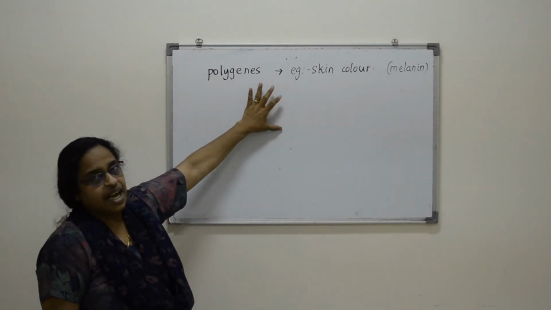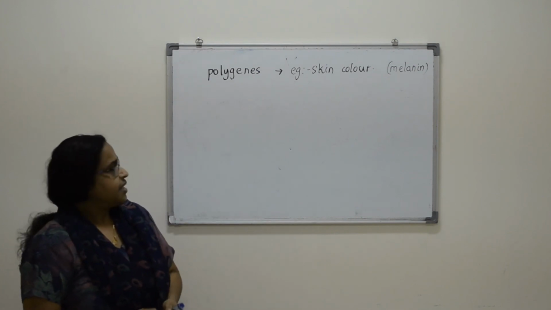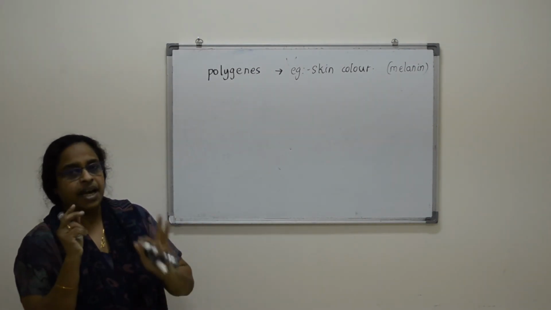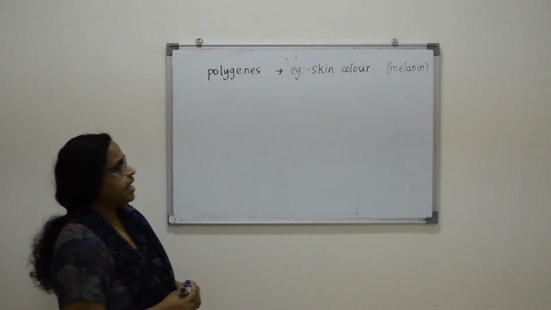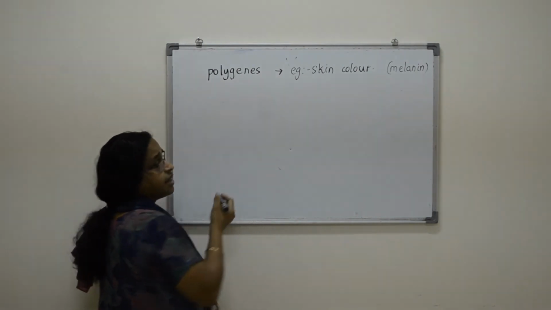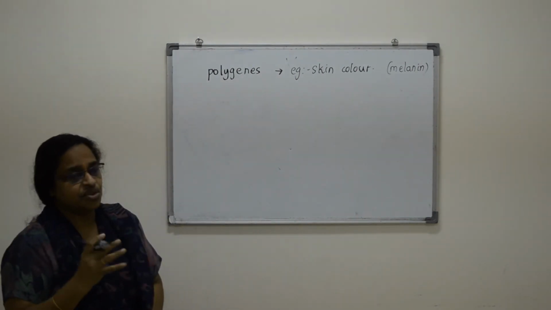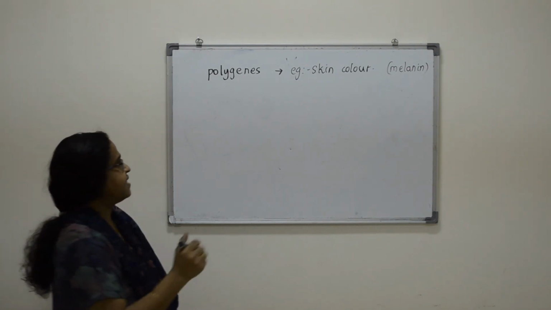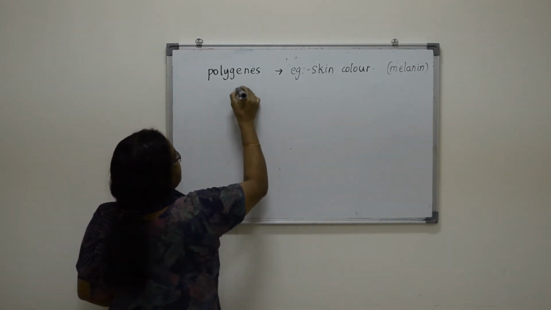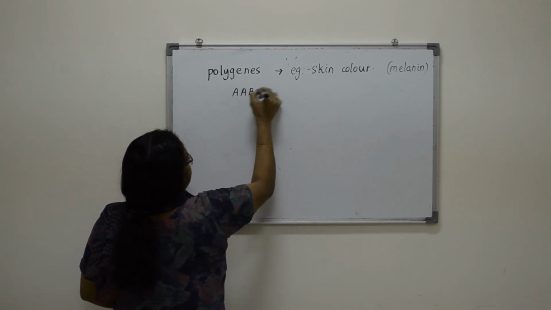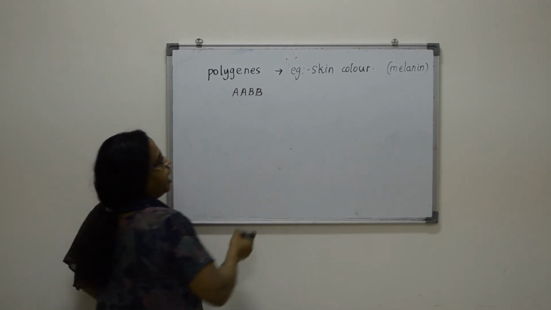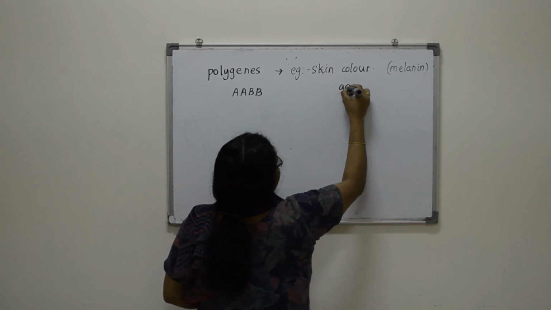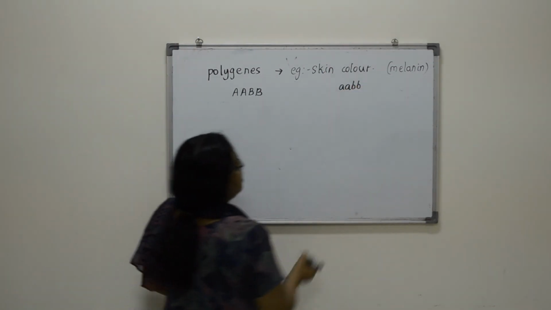So we will just see how it is. Suppose a dark person or black person has a lot of melanin, and I told you there are many genes controlling it. We will take only 2 genes, that means 4 alleles. So a black person has 2 genes, and a white person has, there is a c like this.